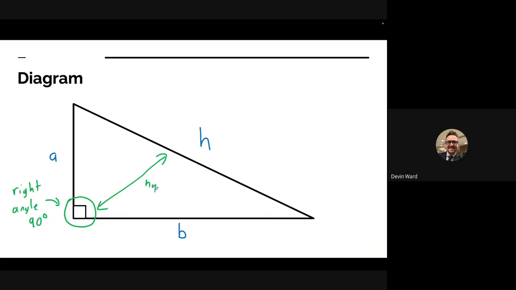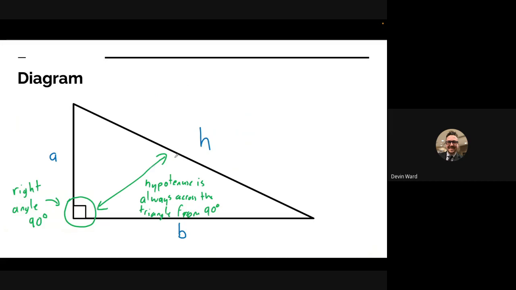Okay, so your hypotenuse is always across the triangle from the 90-degree angle. So we have our H, our hypotenuse. That's going to be across from our right angle.